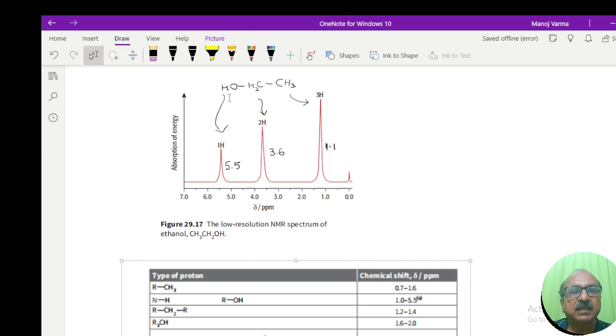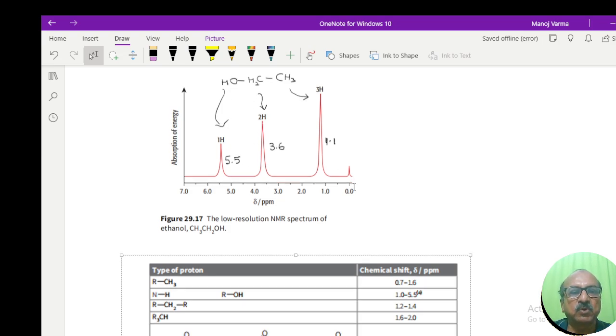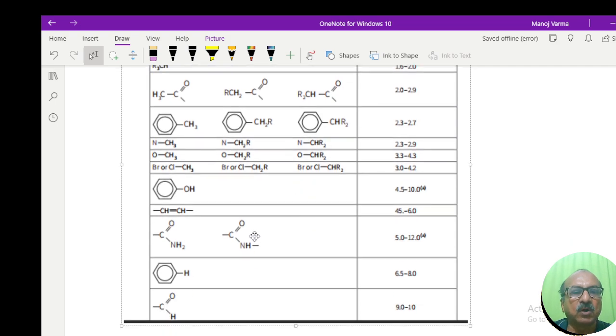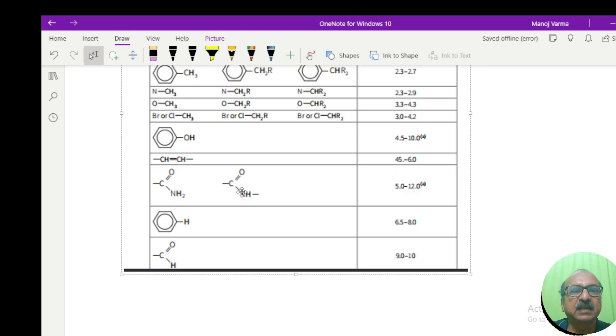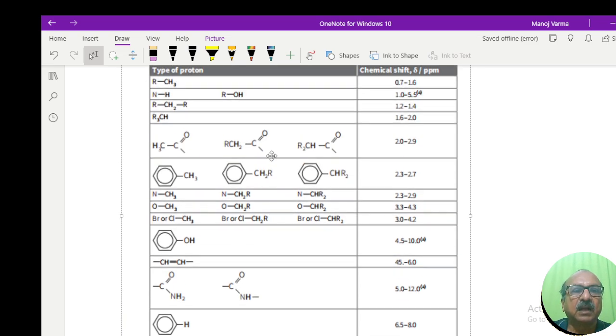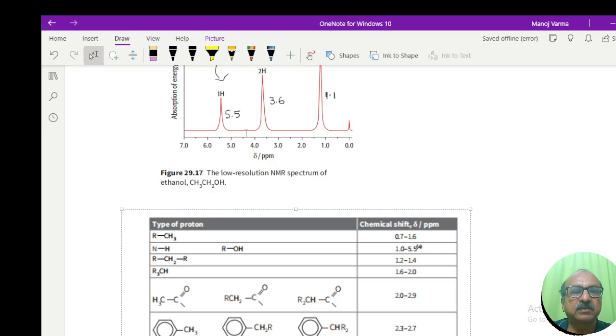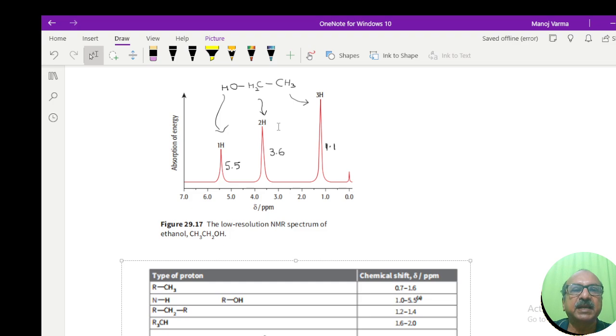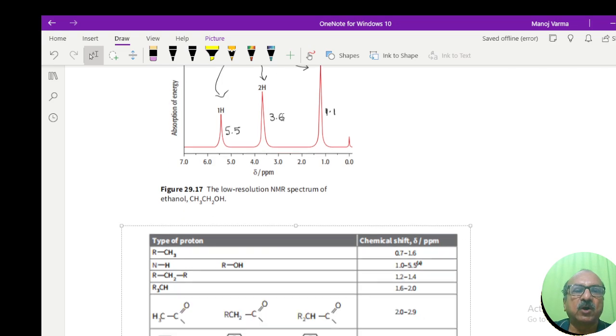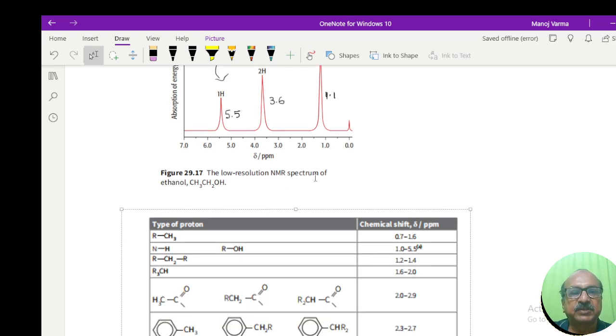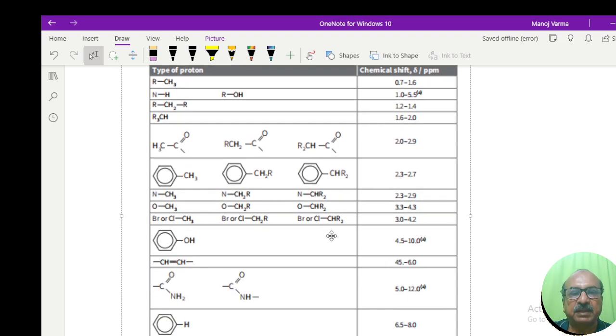And finally this proton, which is an OH proton, so the OH proton has a signal somewhere about 1 to 5.5. So this is about 5.5. So this is also correct. So this way we can study the structure of organic molecules by observing their NMR spectra signals and comparing it with the chemical shift table.